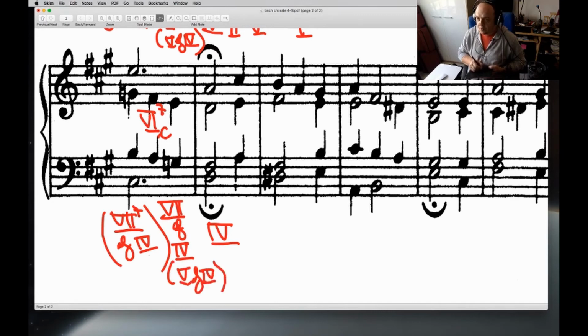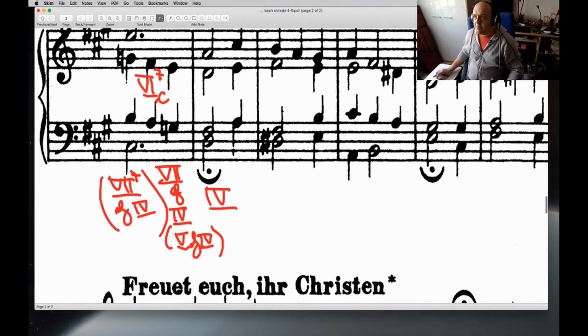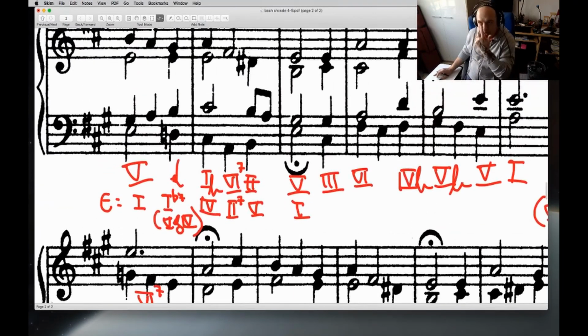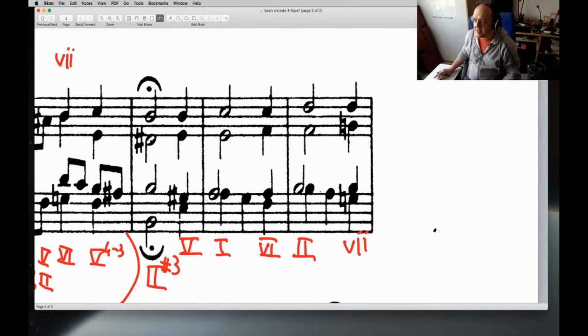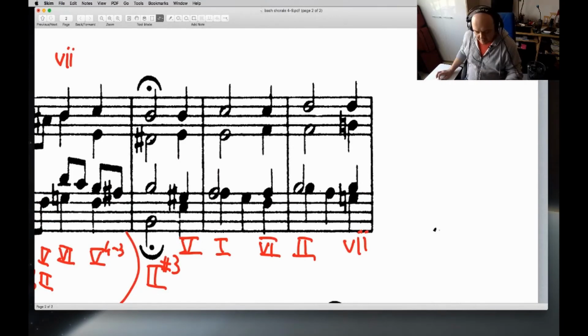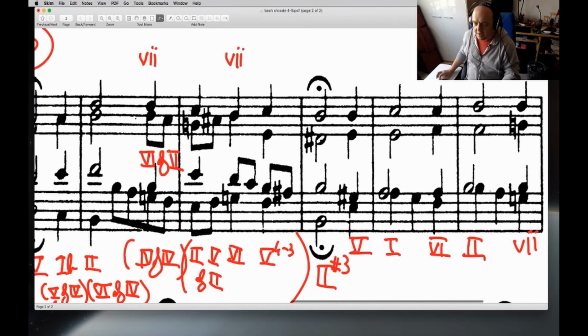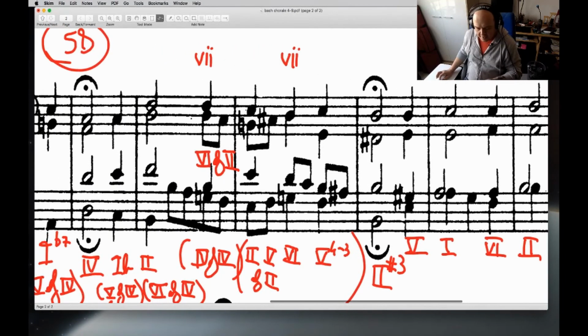Because does it go to 4? Yes, it does. So what is that G before? How do I think about this G? This 7 from the minor. So a G triad, then I have that, and then I have that. Okay, 4 of 4.